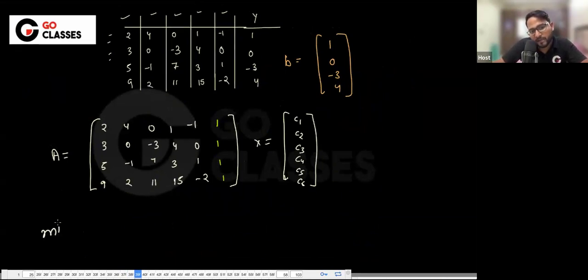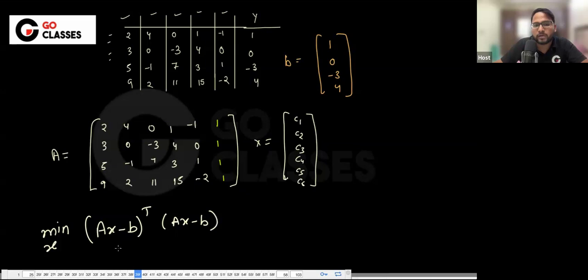So I want to minimize with respect to X, or in other words, with respect to C1 to C6, or as a vector, with respect to X, (AX minus B) whole transpose into (AX minus B). I want to find the minimum of this quantity with respect to X.